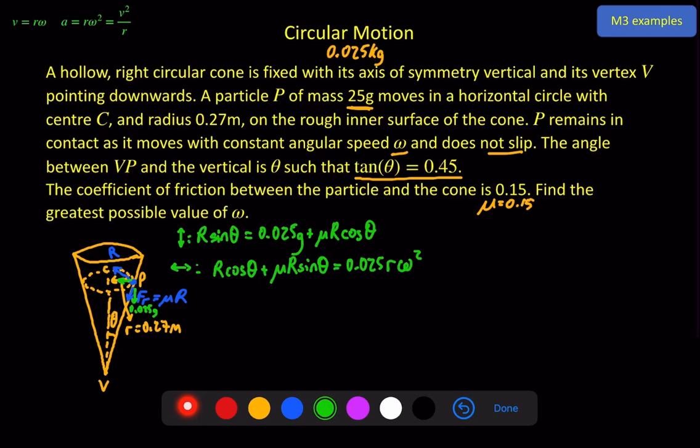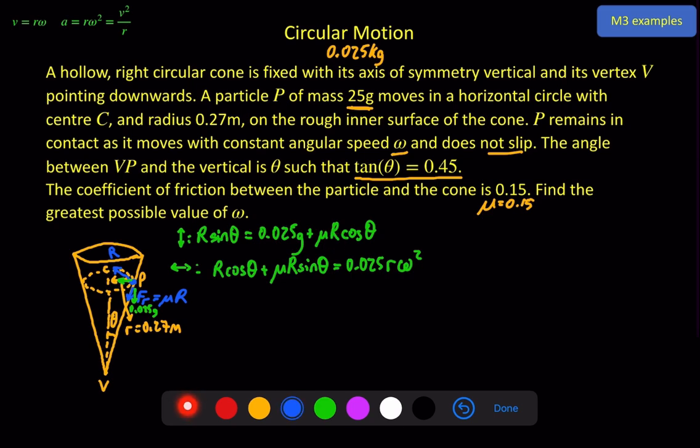Now this is looking fairly horrible, but let's take note. We've got an R cos theta, R sine theta, R sine theta, R cos theta. We've been given a little clue in the question, tan theta. So I'm going to move this term to the left and then divide through everything so that I've got all of my cos, sine thetas and my R's together dividing one another.